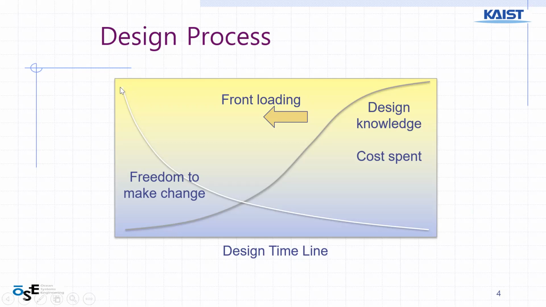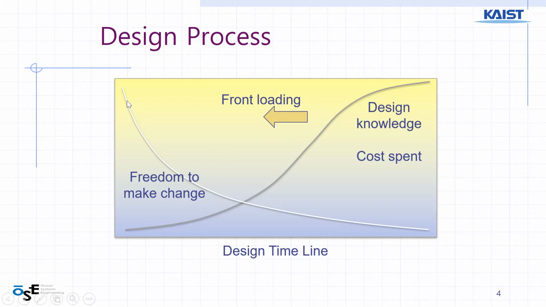The second curve, going down from the start to the low end, is the freedom to make changes. At the beginning, there are so many new ideas, new requirements, and new ambitions. You can experience very similar things in your term project, which is a kind of design and production, depending on your subject.